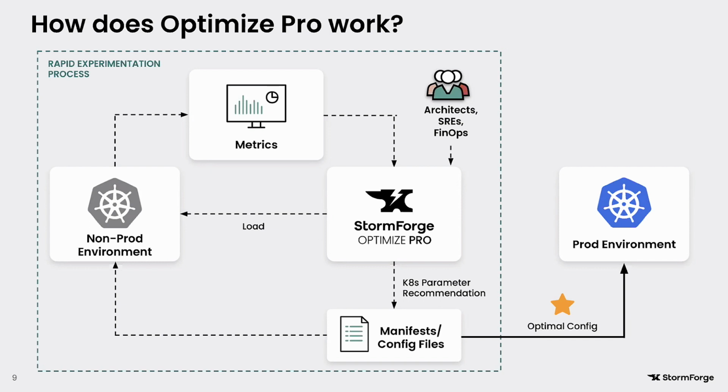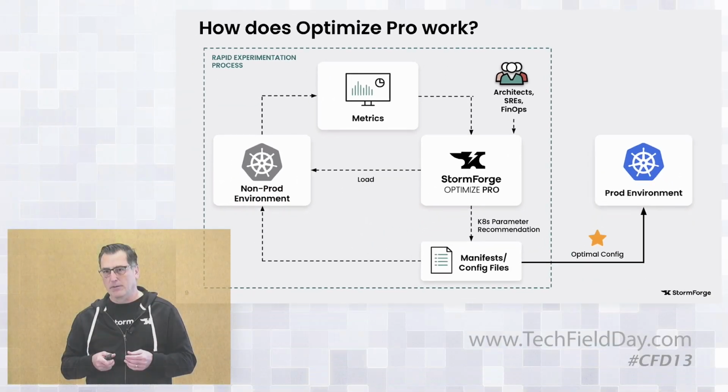As the experiment runs, with every iteration the machine learning learns more and more and gets a better understanding of this complex multi-parameter space of the application, right? And over time, it starts to home in on those configurations that are going to result in the optimal outcomes.